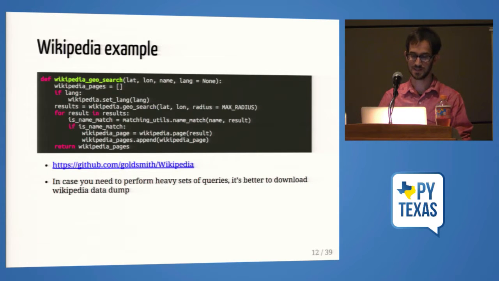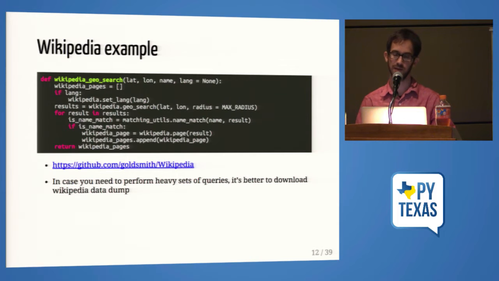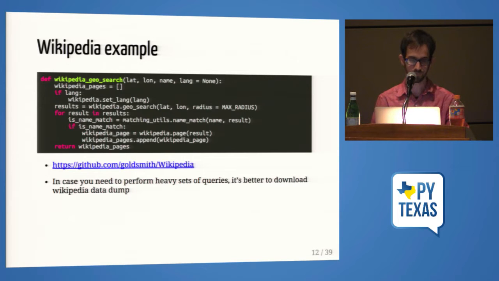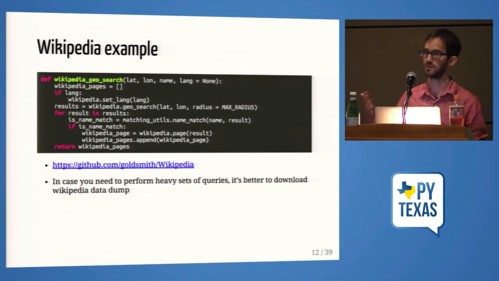So what you're doing is calling Wikipedia with a geo search, and actually this is a package that I've added the geo search function to, a contribution of some sort. You get back the results, and you iterate over them and try to find a title that might match in some way to what you're looking for. Once you're done, you return it and start doing more analysis on it.